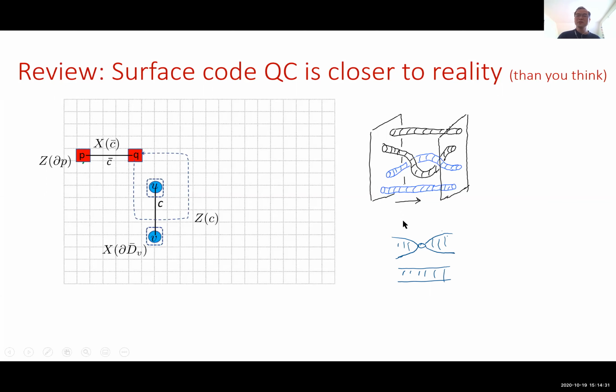Who remembers what is the gate that we can realize using this? So we have a pair of defects, and we shrink one of the defects to really just a point or a pocket, and then we rotate. We can add an anyon, do rotation, and the measurement.